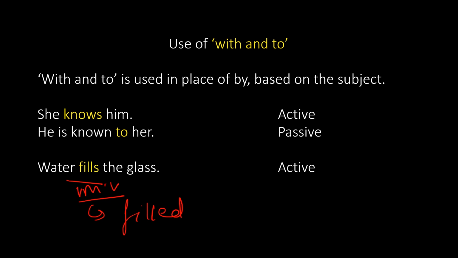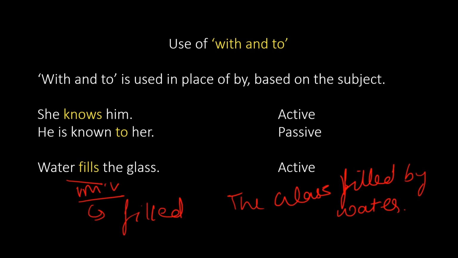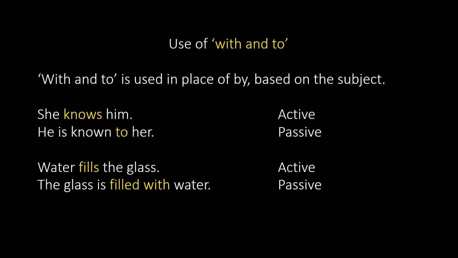I guess most of us would be assuming right now, the glass is filled by water. If that's your answer, I would say it's incorrect, because the correct form would be, the glass is filled with water. It's a compulsion kind of thing where you cannot use the preposition by; you have to use the preposition with or to in this case.